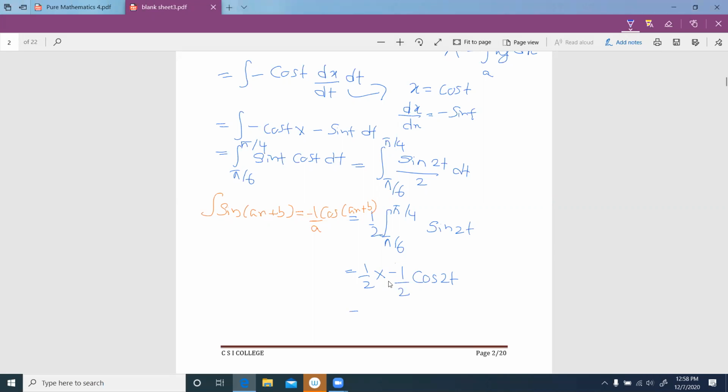So that is minus 1 over 4 cos 2t from where to where? Pi by 4 to pi by 6. So I just write the rest of the answer over here.